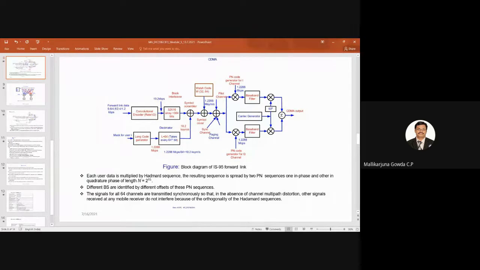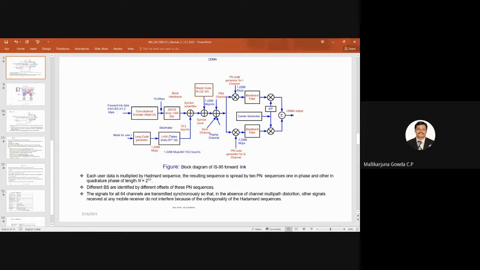We have discussed that. The direct sequence CDMA has been adopted as one of the multiple access methods for digital cellular voice communication in North America. This is the first generation digital cellular CDMA communication system, developed by Qualcomm, and it has been standardized and designated as IS-95.